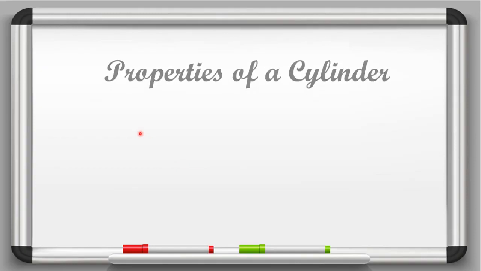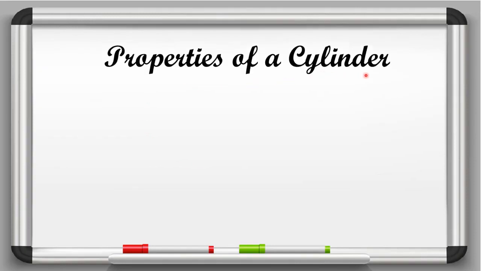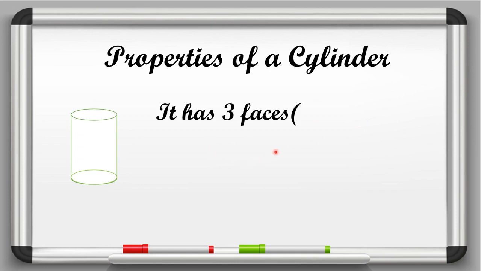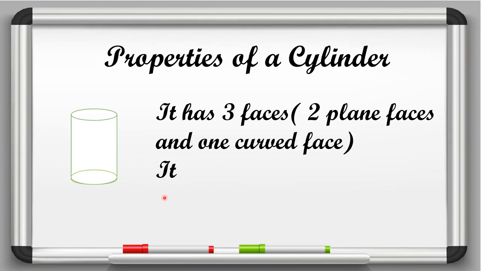Now, properties of a cylinder. Here, number 1, we will write: it has 3 faces, 2 plane faces and 1 curved face. Number 2 property is: it has 2 edges.